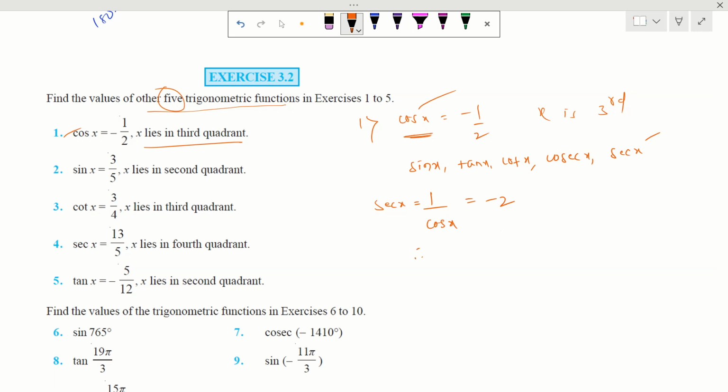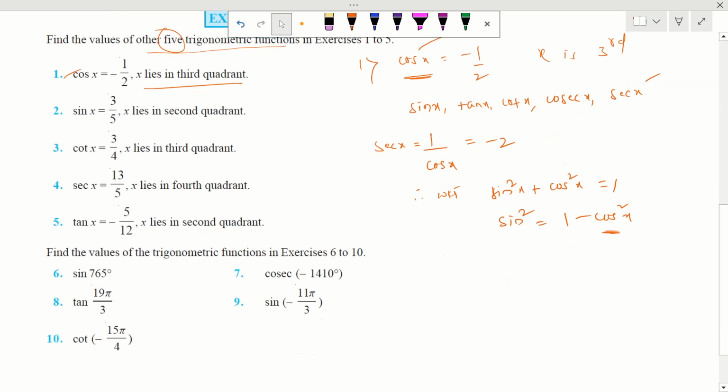Now we know the formula: sine square x plus cos square x is equal to 1. Since cos x is given, I can write sine square x is equal to 1 minus cos square x. The cos x value we know.